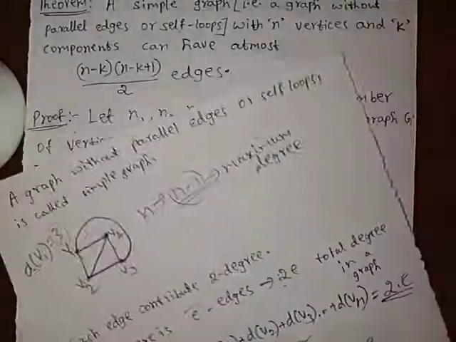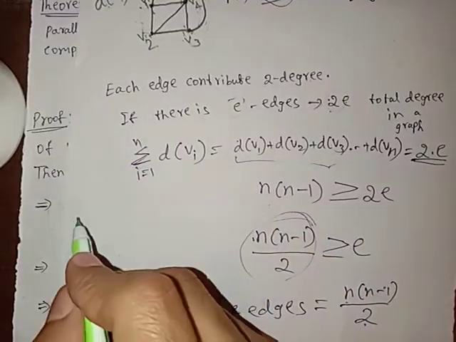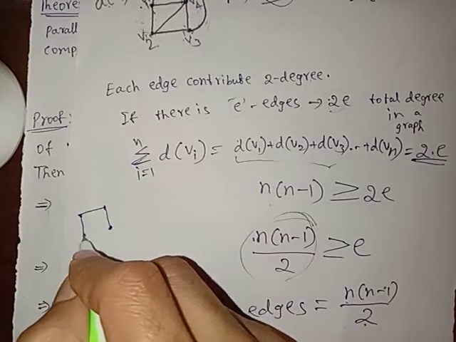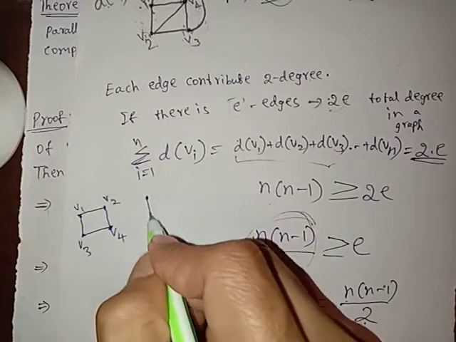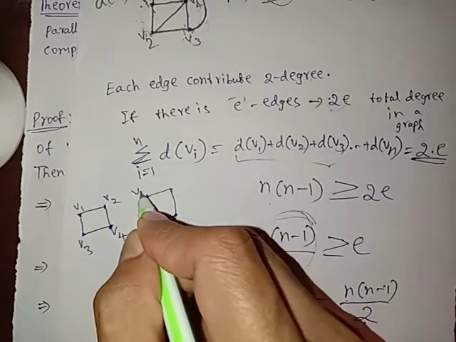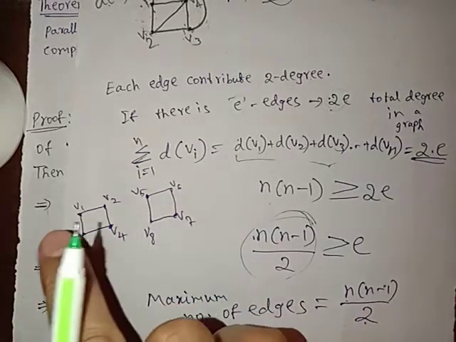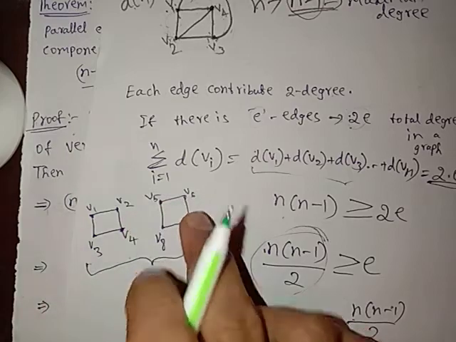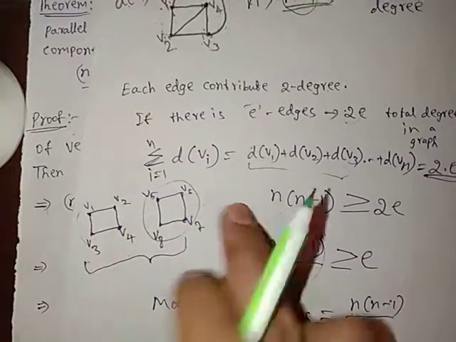Now they give another term here, component k. What is a component? For example, this is v1, v2, v3, v4, and v5, v6, v7, v8. Now we can call it 2 components. If we consider this as a graph, it is disconnected, and here we can see there are 2 components.